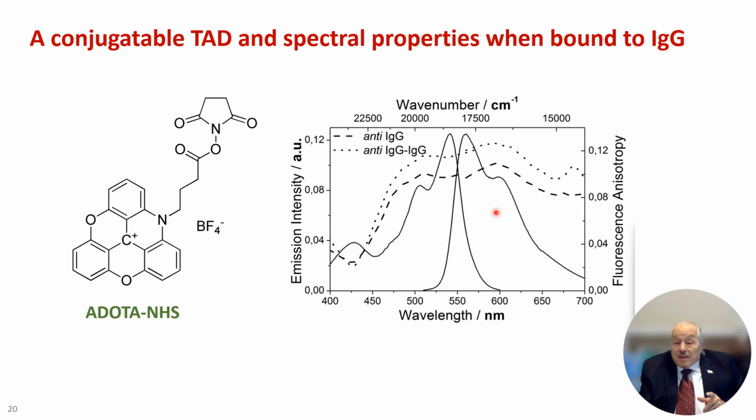But the important thing is the anisotropy is always higher for the anti-IgG IgG complex than it is just for the anti-IgG itself. So this proves that you can measure the association of two IgG molecules using these 20 nanosecond triangulinium dyes, and these are much brighter than the ruthenium metal ligand complexes I showed you previously.